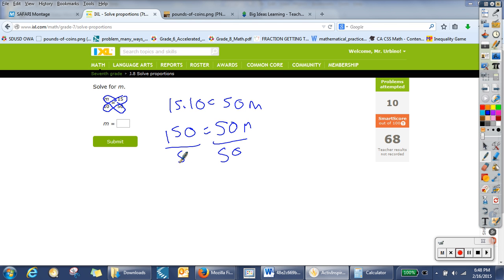Just do my little division right here. So 50m divided by 50 will just be m. And 150 divided by 50, let's see, 15 divided by 5 is 3, so 150 divided by 50 just gives me 3. So for this one, m is equal to 3.